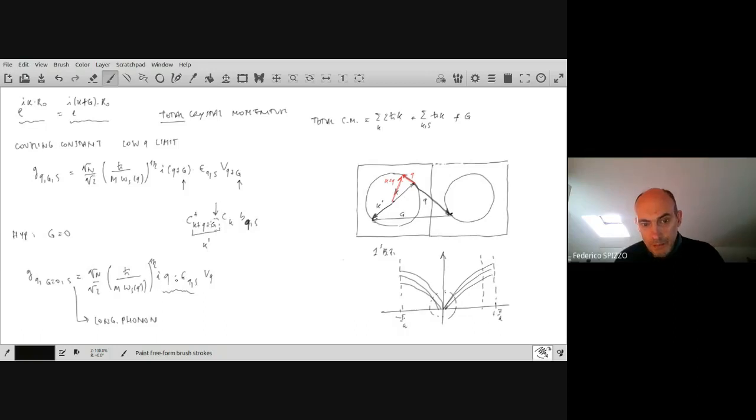And now, if we also consider what happens for low Q values, within the parentheses we have h bar, then the ionic mass, then here we have omega s of Q. Omega for small Q values is proportional to Q. So we have a linear relationship between omega and Q. So we may write that omega is C times Q.